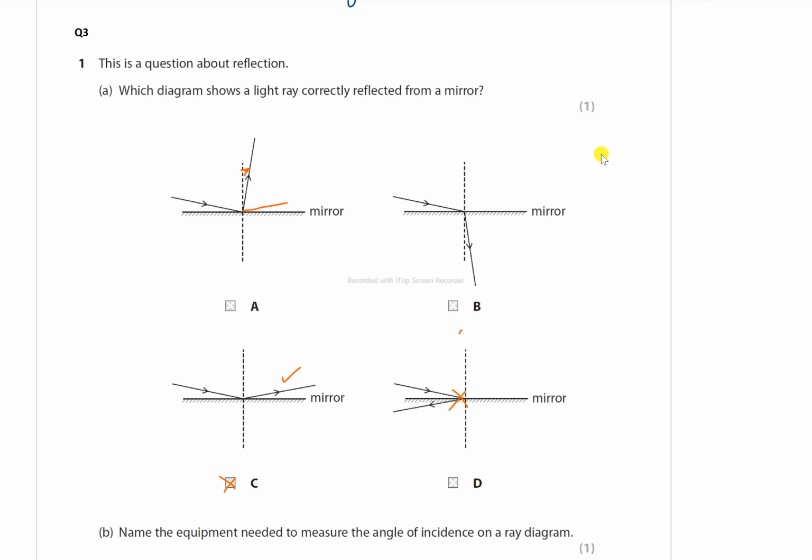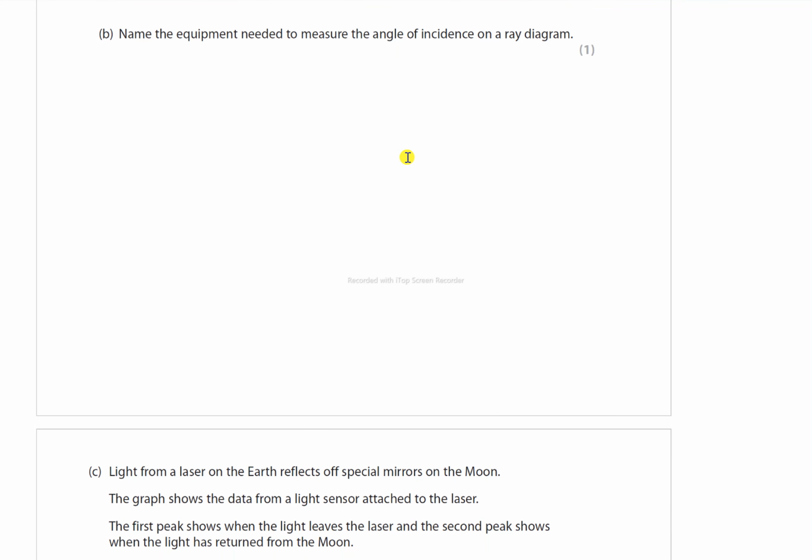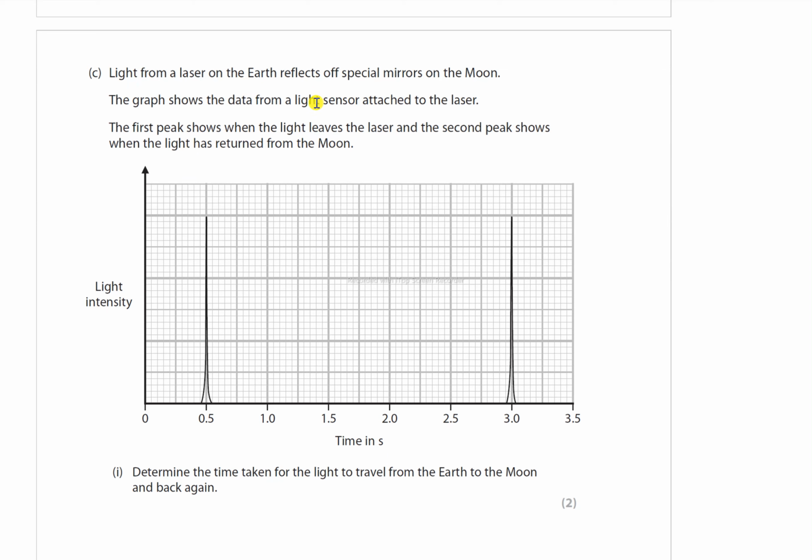That should be at the same angle, and in a mirror, it's not going to go through, it should go that way. Okay, that's fair enough. Name the equipment needed to measure the angle of incidence on a ray diagram. This is a protractor. 1 marker.